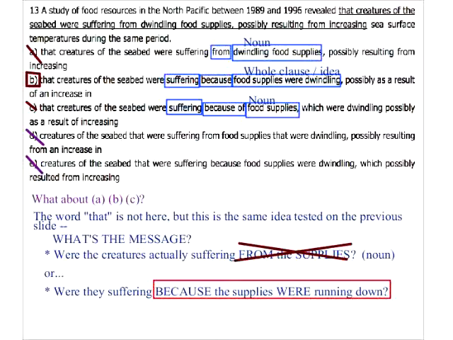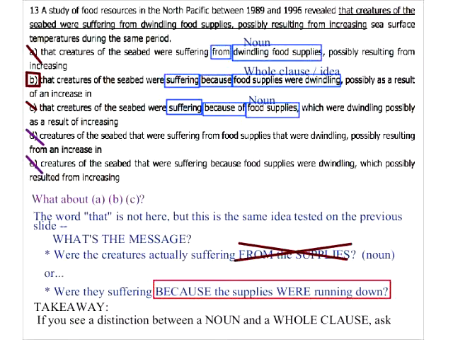While people are typing, let's put a general takeaway on the board. So what should you get out of this? If you see a distinction between a noun and a whole clause, ask yourself, what's the message?